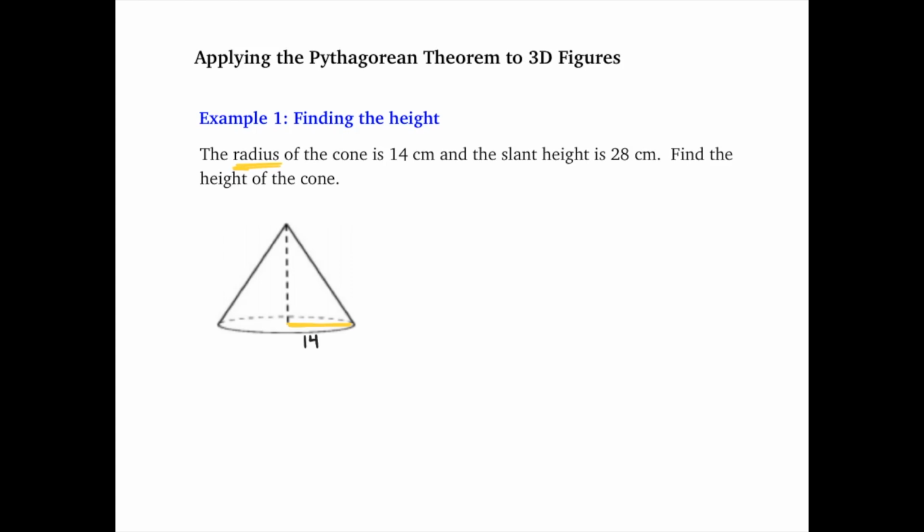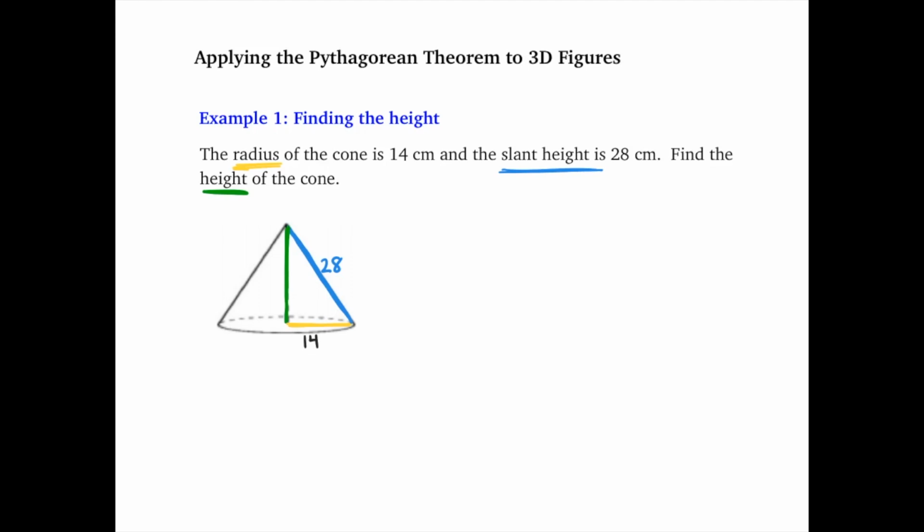Then the slant height is 28 centimeters. That's the surface diagonal height. Here it wants us to find the height, the straight vertical distance from the top to the bottom. That's what I'm looking for.